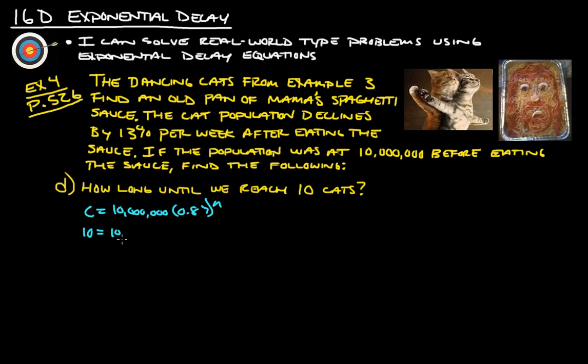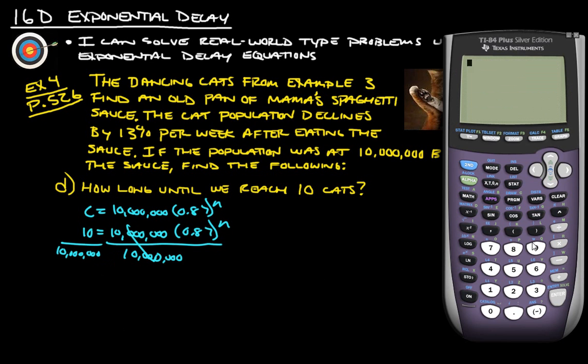So 10 equals 10 million times 0.87 all to the nth power, right? So first thing we've got to do, divide both sides by 10 million. And we get some terribly small decimal, 1 to the -6th, right?